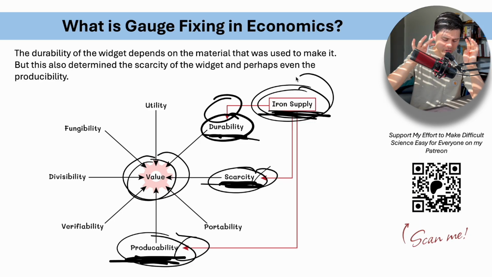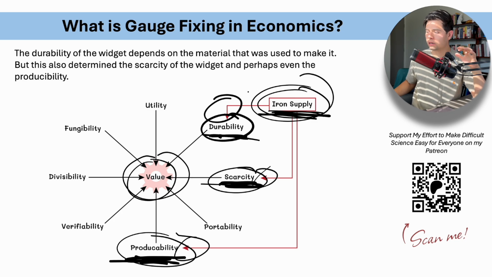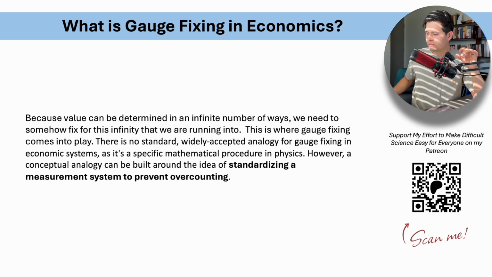But now let's start diving a little bit more into the physics and see how and why this actually might occur like this. Because the value can be determined in an infinite number of ways, we need to somehow fix for this infinity that we're running into, right? So this is an infinity problem, okay? This is where gauge fixing comes to play.